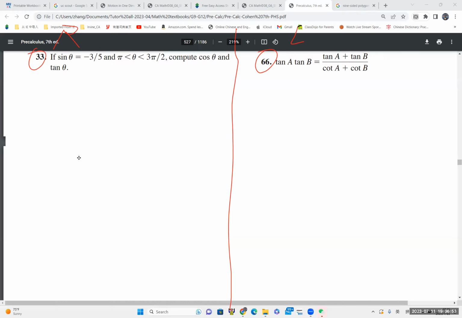But are you supposed to prove it? Yeah, it's a proof. Oh, okay, I see. Yeah, you go from left side to right side. After all kinds of conversion, the right side goes to the left side, then you prove it.